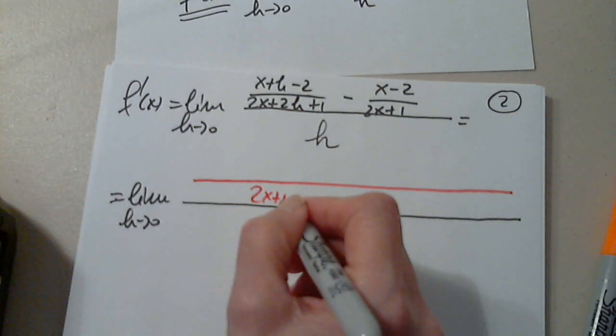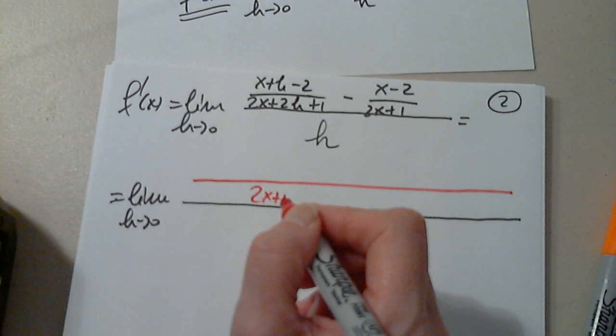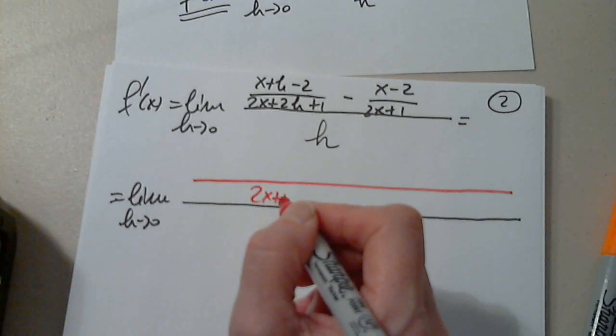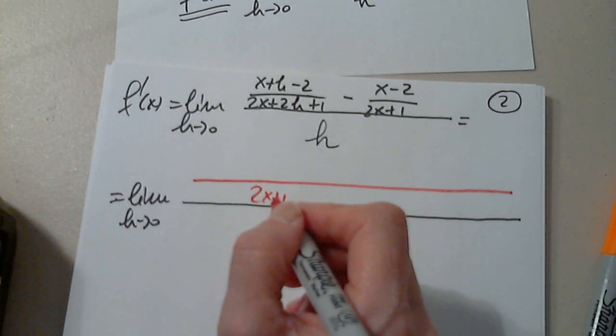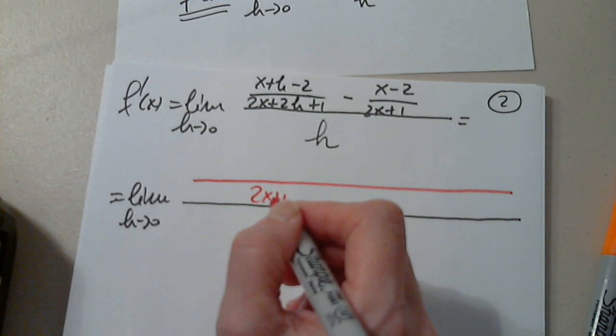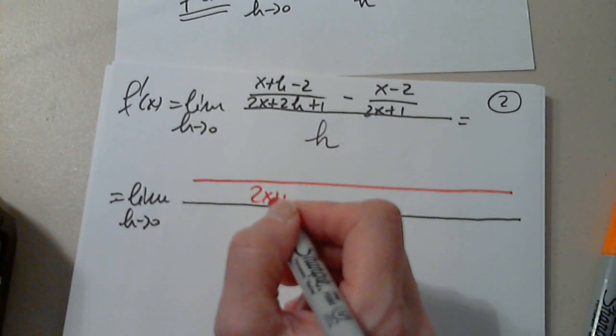Do we all agree with this as being the least common denominator? Are we getting stuck on an algebra? I hope not.